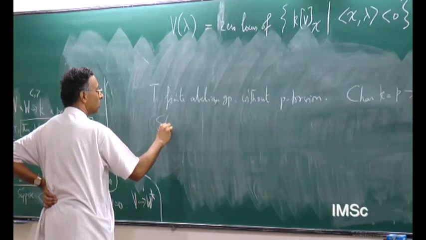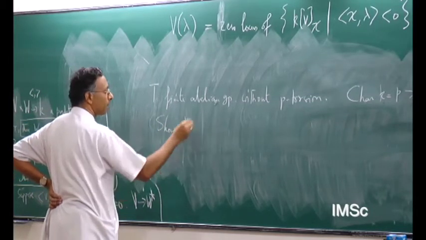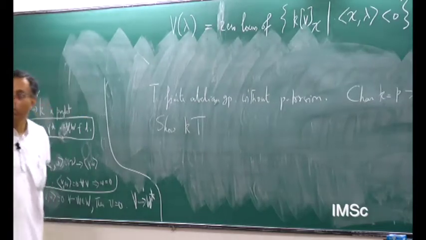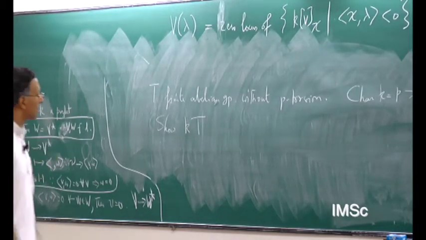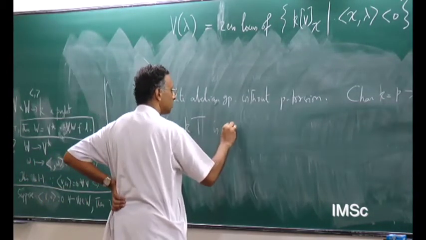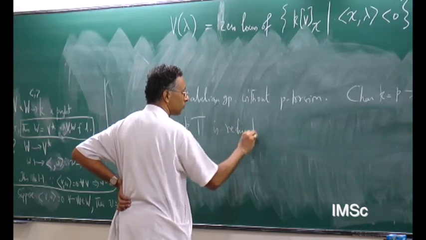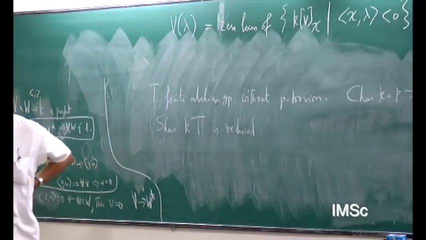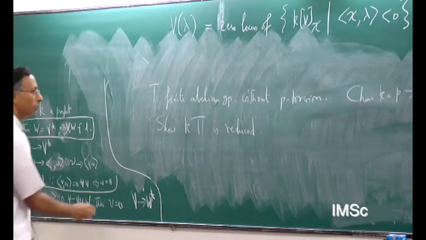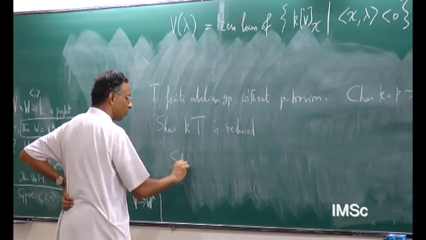Show that KT, the group ring, is reduced. This is the problem, and here is the solution the book gives.